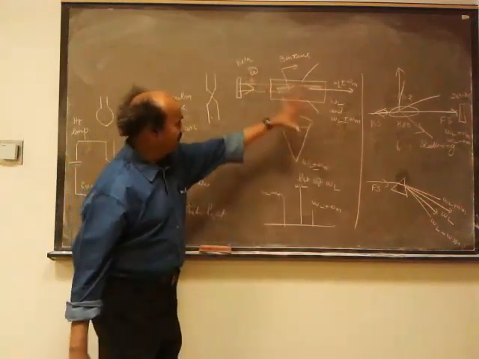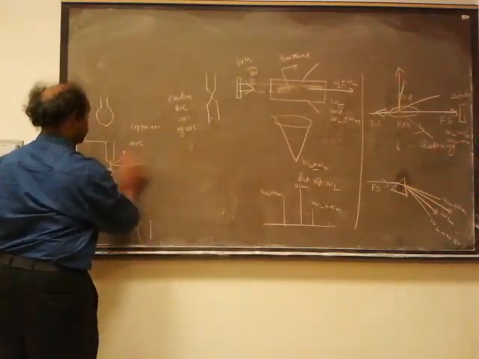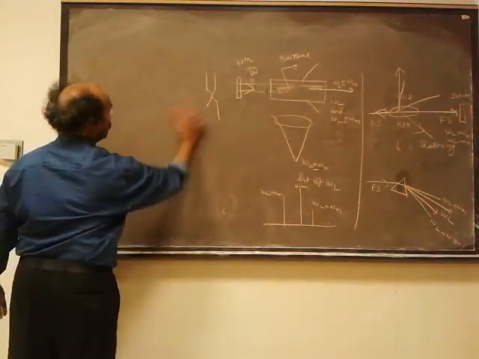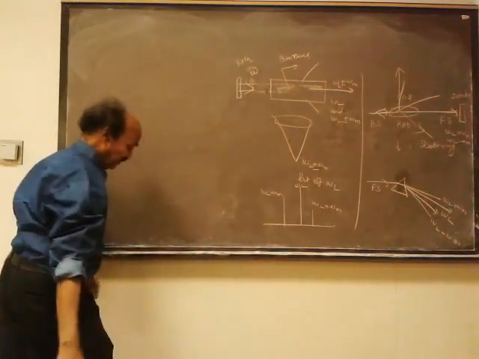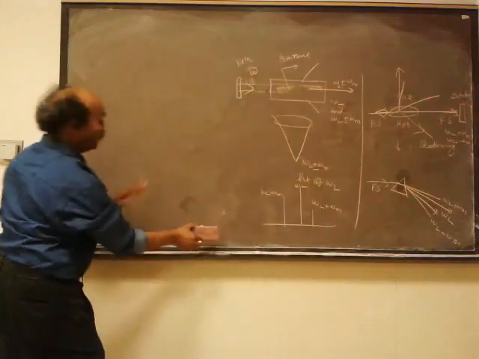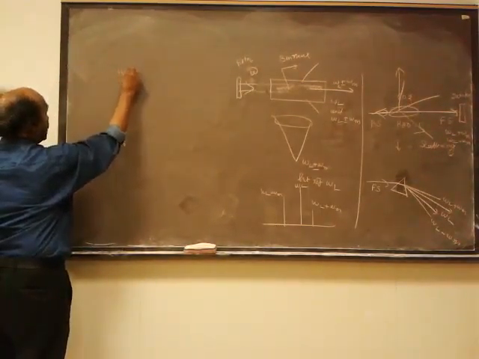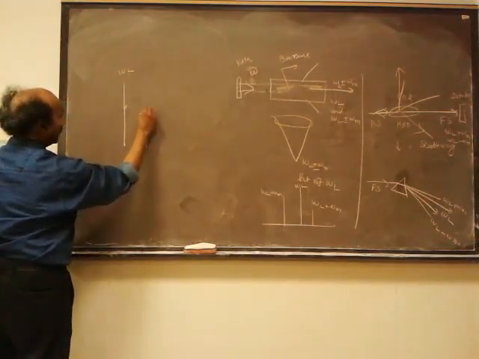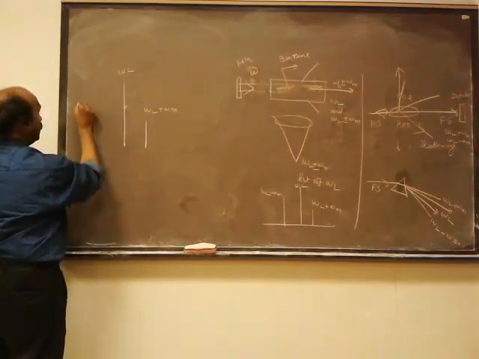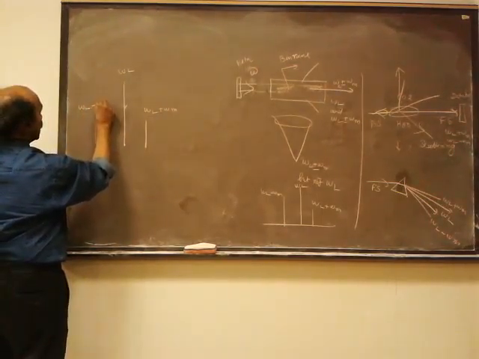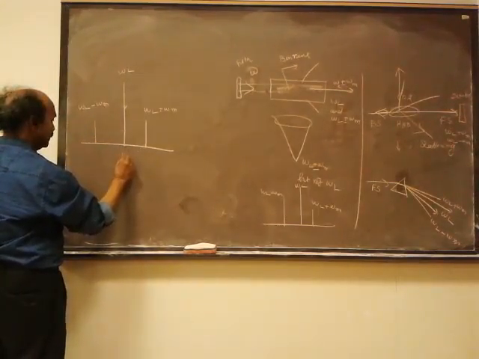Now, from whatever description I gave so far, I must get omega L plus omega M and omega L minus omega M. Omega L is the incident light.